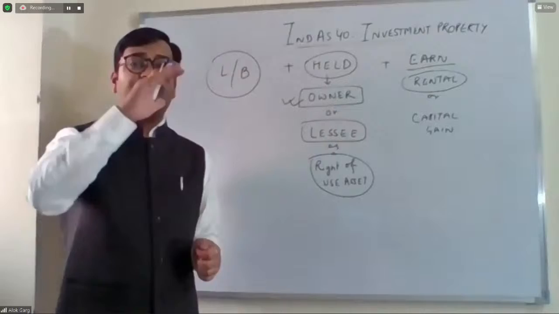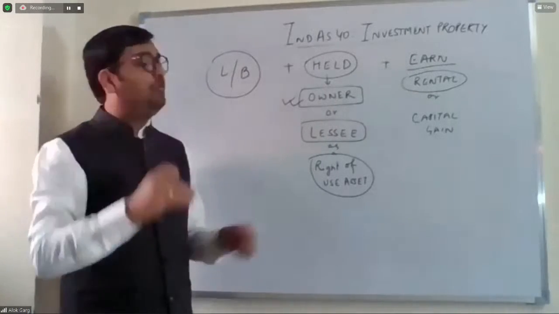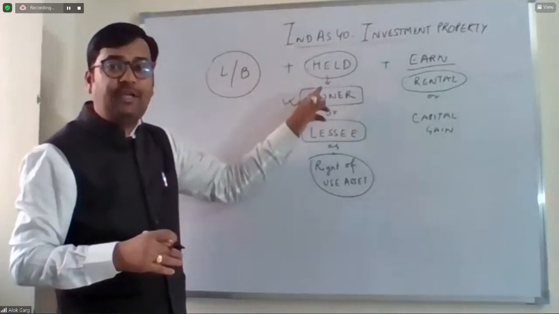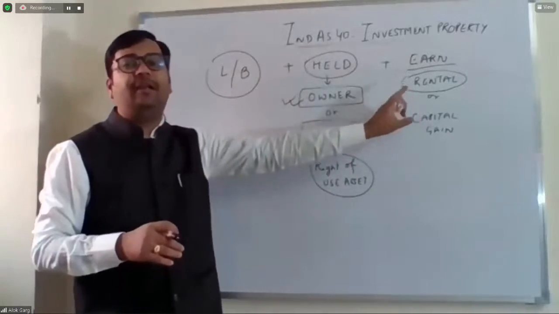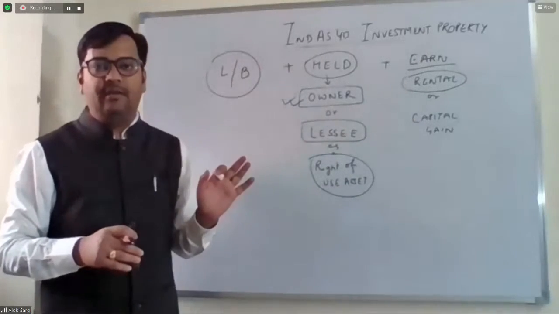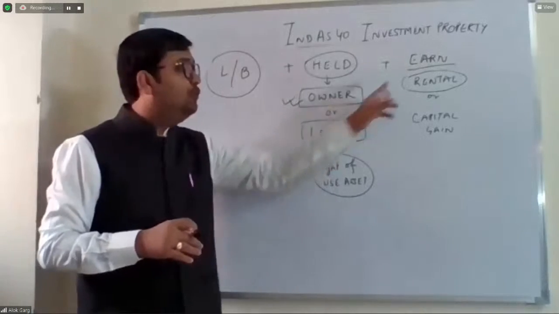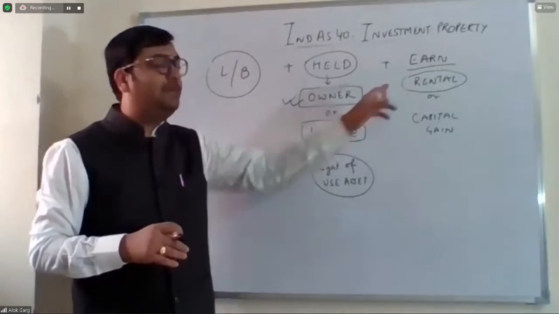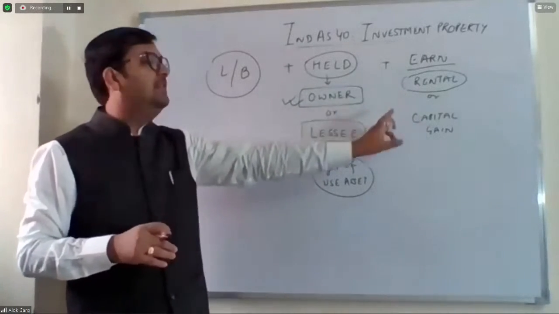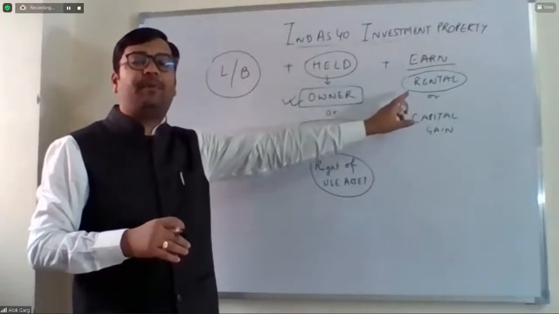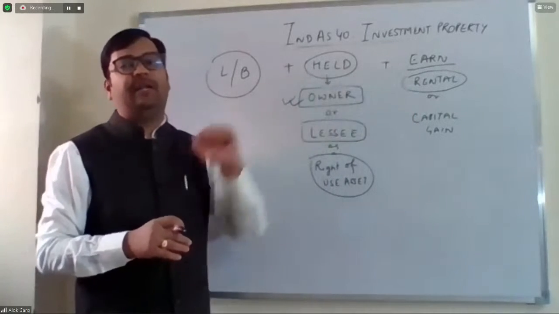But where it is required to be presented, it is presented under IndAS 40 if the objective is to earn rental or capital appreciation. But if the objective is to use for business or administrative purposes, then it is not an investment property, then it is IndAS 16 property, plant and equipment.